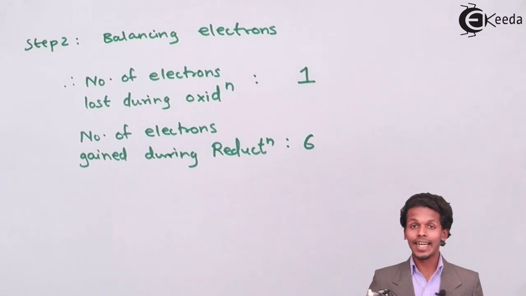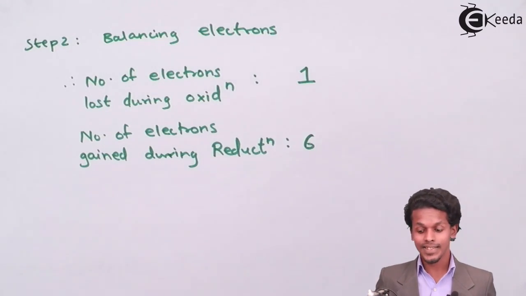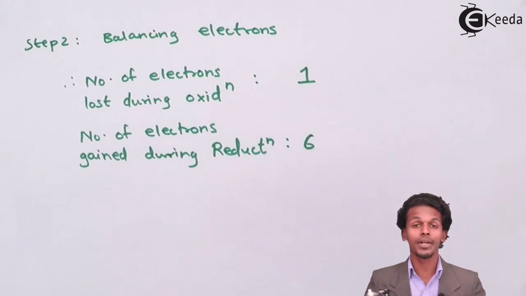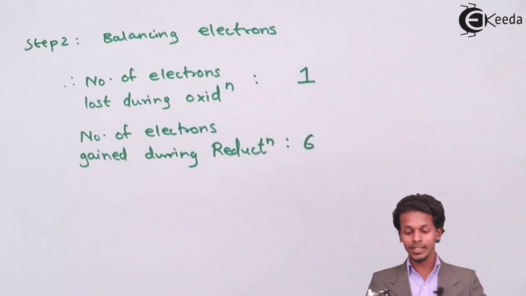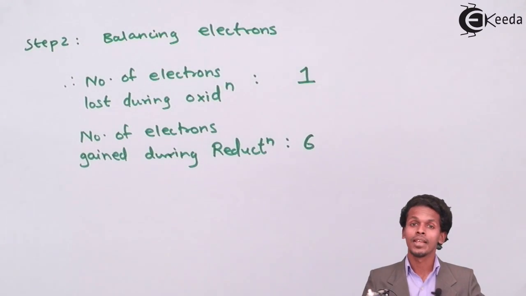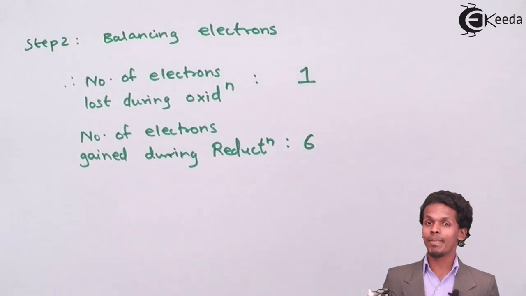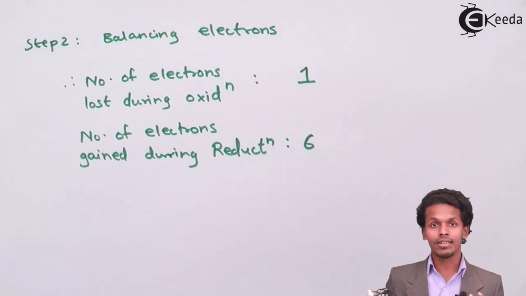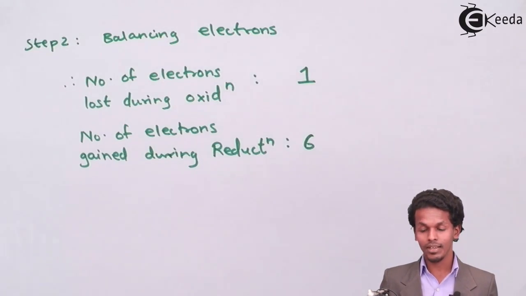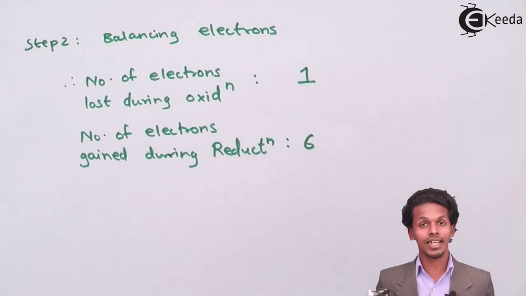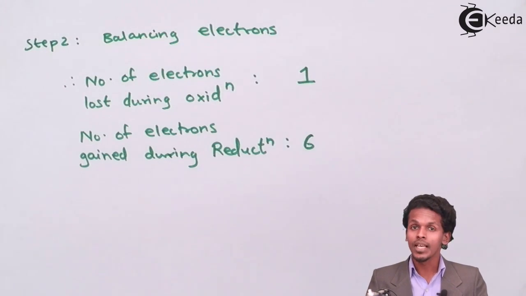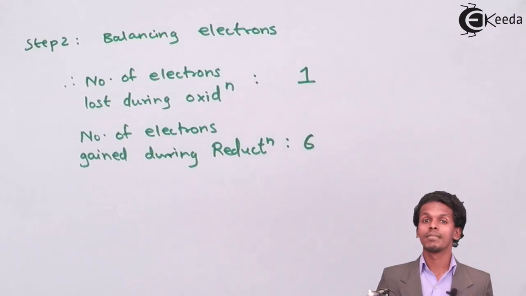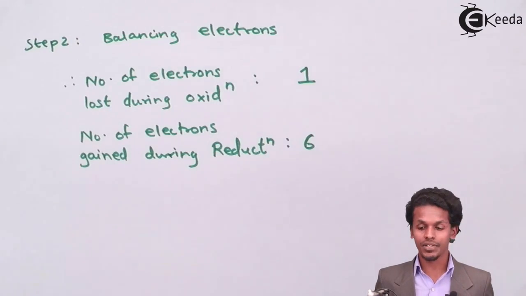So the number of electrons gained during reduction is 6, while the number of electrons lost during the oxidation process was 1. So the electrons are not balanced. So we can't say that this is a redox reaction balanced with electrons. So we are going to do a cross multiplication.